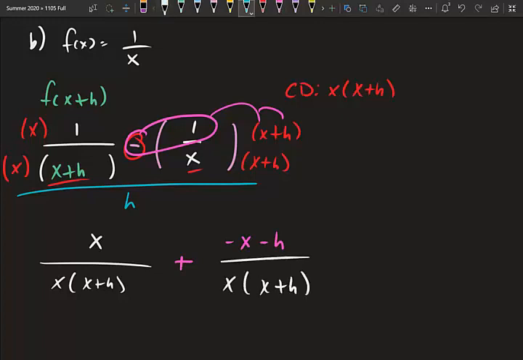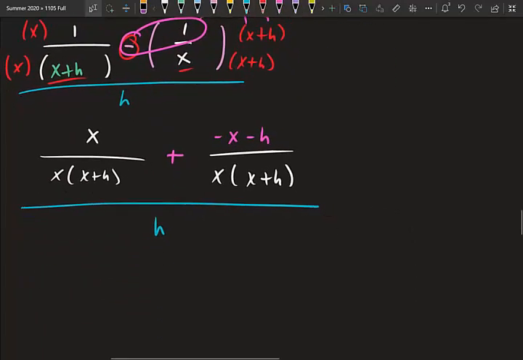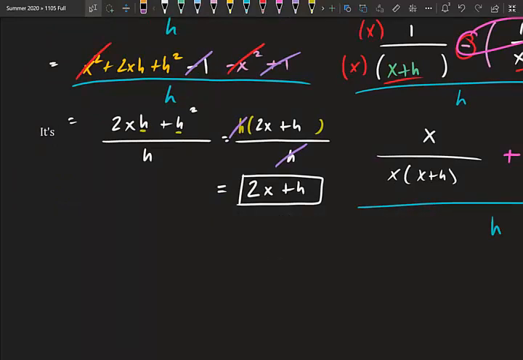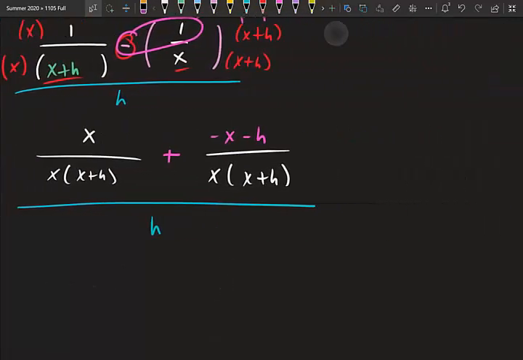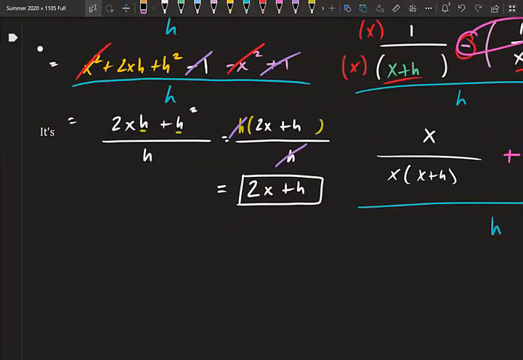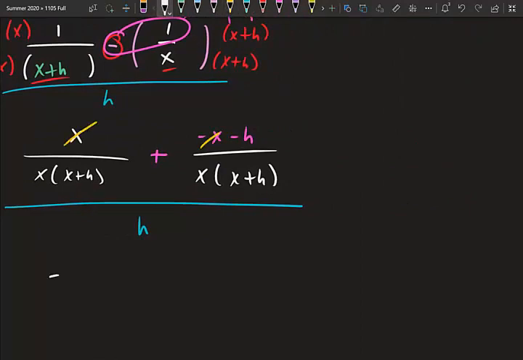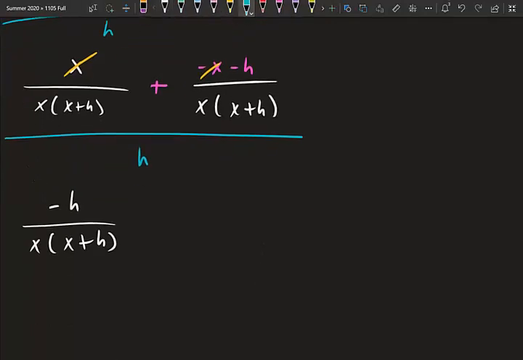And don't forget it, all over h. Now we combine like terms on top. There we go. When we combine like terms on top, the x's get rid of each other, so what we're left with is negative h over x times x plus h, and don't forget it, it's all over h.